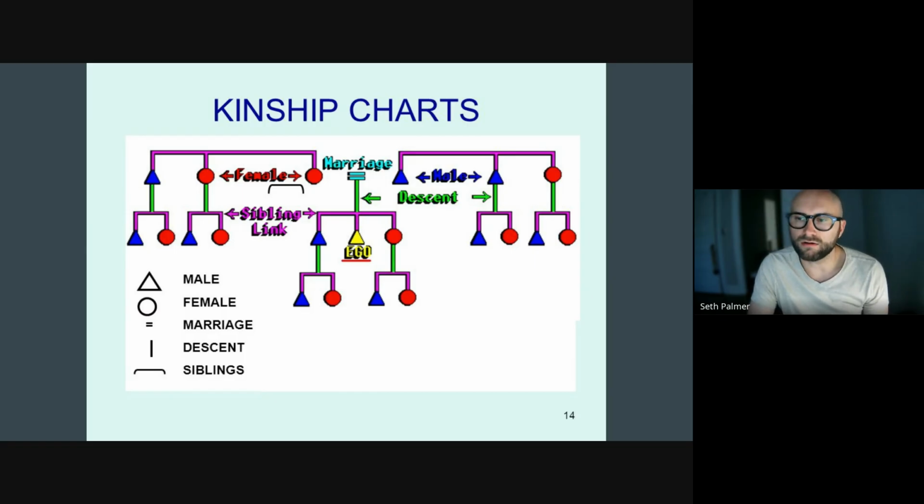Because again, uncle is a term we use in our culture, but not all cultures will use that. So we try to be more specific. That's ego's father's brother. Okay. What about the circle to the left of mom? That's ego's mother's sister. Or aunt, right? Or excuse me, his aunt. Okay.